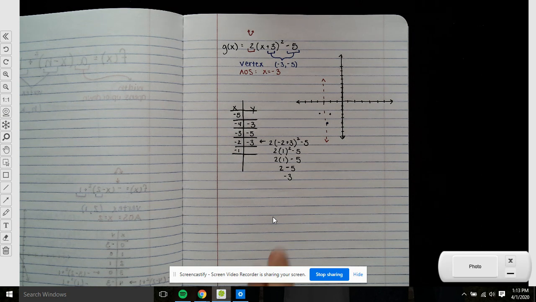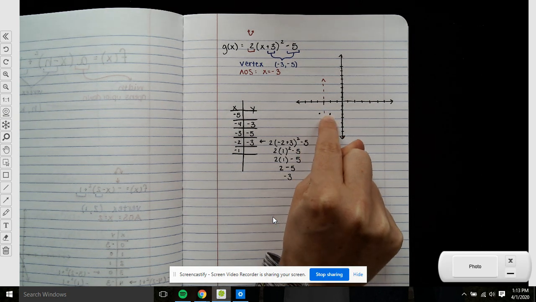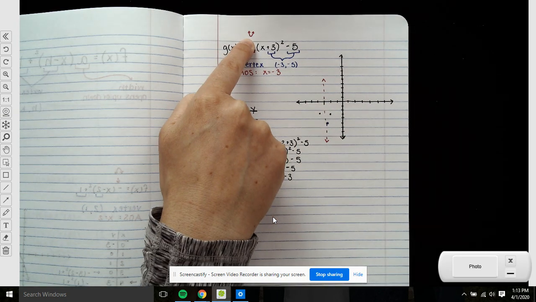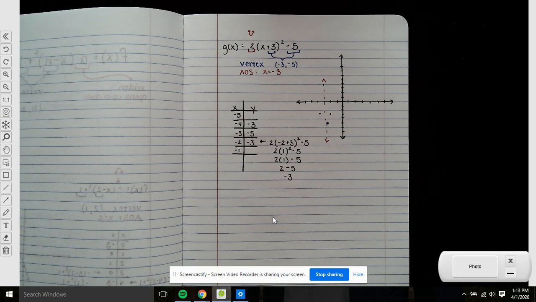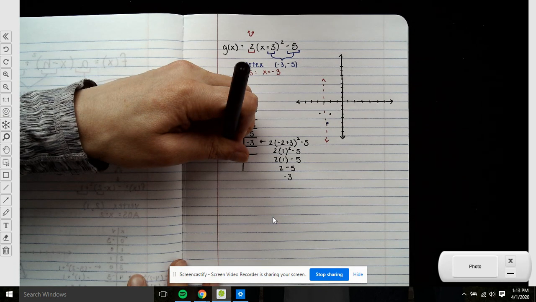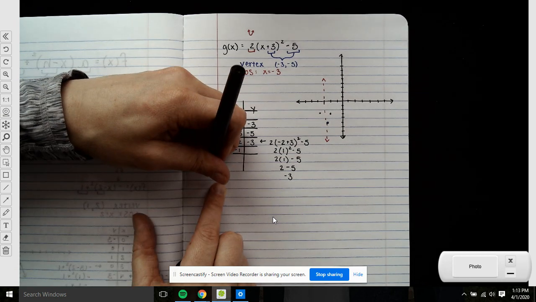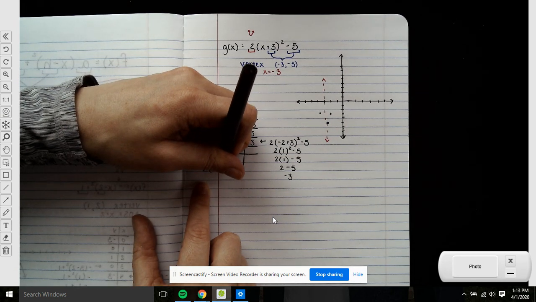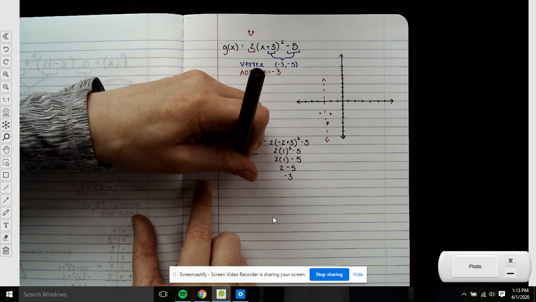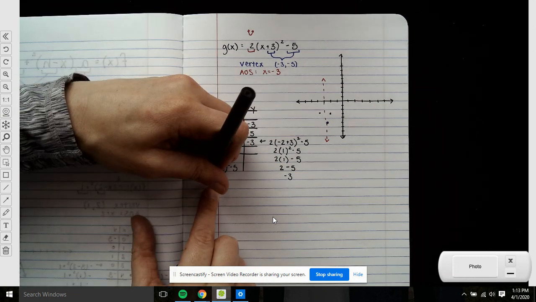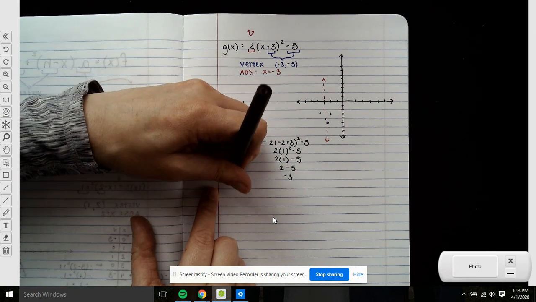Now this makes sense because I can recognize this is going to face up, which I need it to do because I have a positive a value. So now I am going to do the negative 1. So I've got 2, negative 1 plus 3. So I've got 2 times 2 squared minus 5.